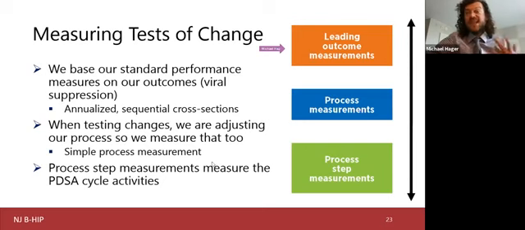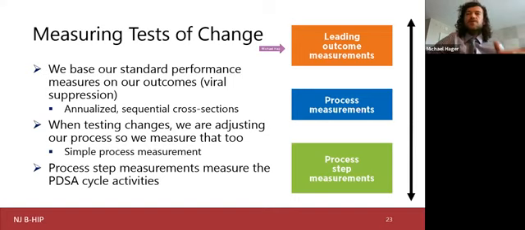So when we test the change idea to see what's going on with that outcome, we're looking at processes, right? We're adjusting these processes so that we can build up to that outcome. These are the process measures that we have for BHIP around screening, around referral, and these are the things that we do with our patients that lead to viral suppression.